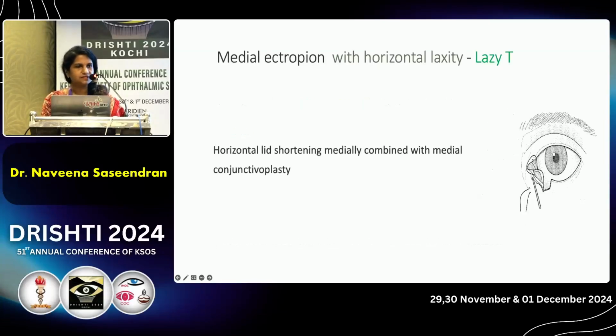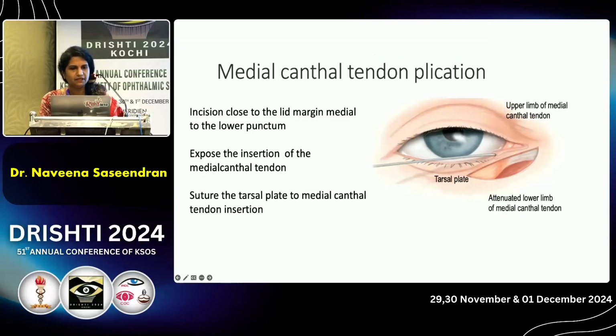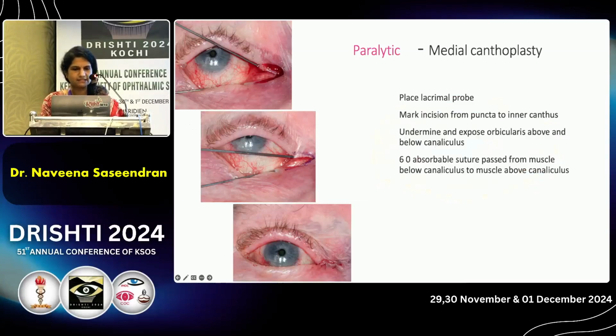If it is associated with medial horizontal laxity, a Lazy-T procedure is indicated, where we will do horizontal shortening at the medial end. In medial canthal tendon plication, the medial tarsal plate is identified and it is sutured to the medial canthal tendon insertion. Coming to paralytic ectropion, it can be managed by either temporary or permanent methods.